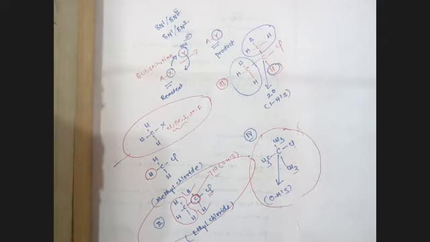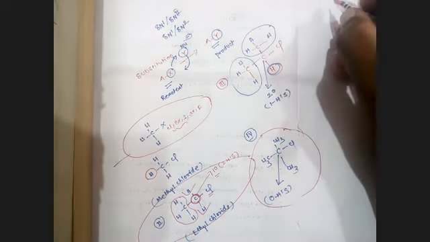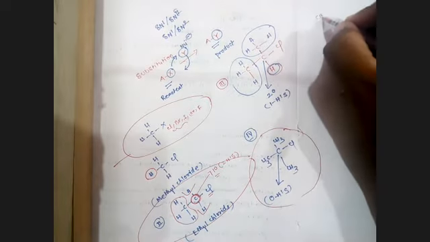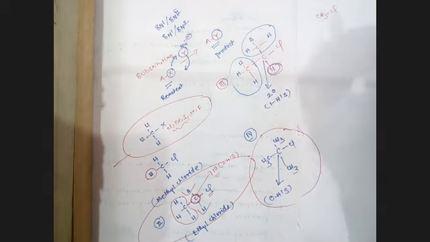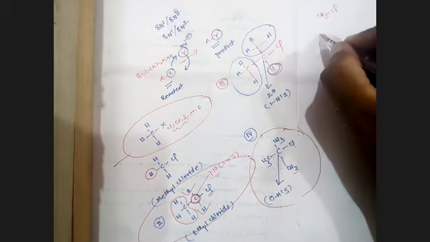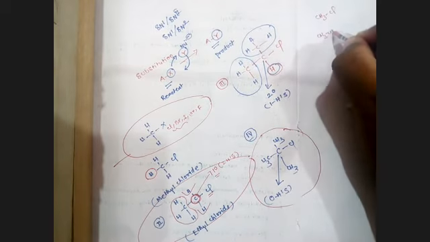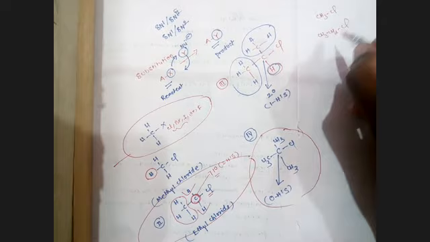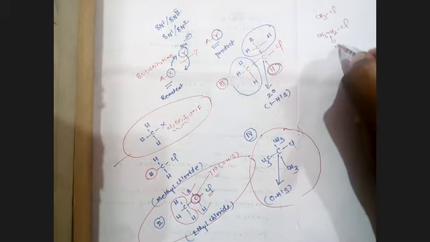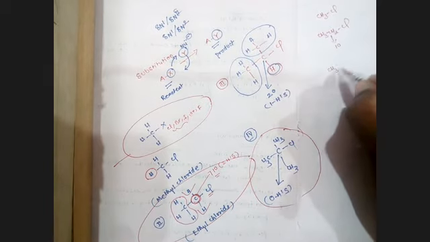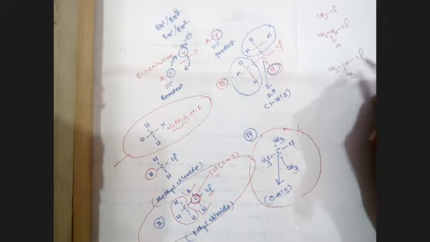Now you are getting clarity on which is primary, secondary, and tertiary. CH3Cl is not primary. CH3CH2Cl is primary. CH3CHClCH3: how many hydrogens are there on the carbon?